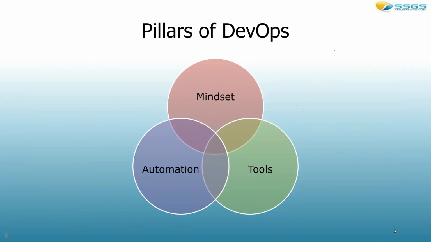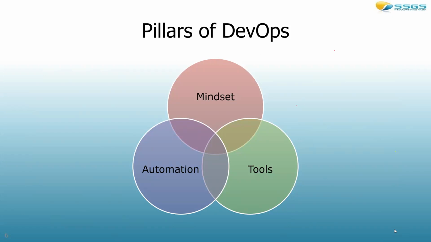There are a number of tools which have come into being, and at the end of today's session, I'm going to show you a few of those which I feel are very competitive, and you should know about those besides the Azure DevOps, which we are going to discuss.